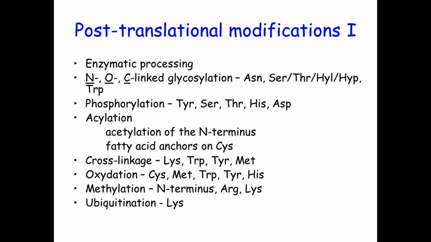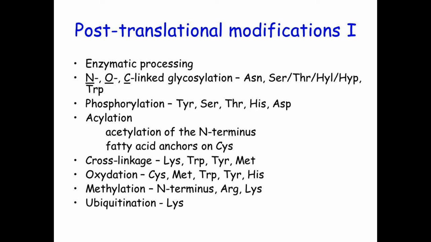And these post-translational modifications are usually an enzymatic process. There's a whole bunch of different types of post-translational modifications. There's glycosylation, phosphorylation, acetylation, oxidation, methylation, ubiquitination, etc. Right?